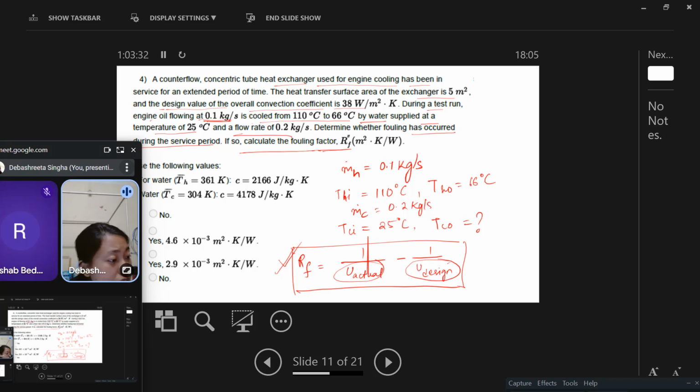Now can you calculate this? The one which is given is a design value. Design value of the overall convection coefficient is 38. That means U design is given. You have to calculate U actual to calculate this RF. So will you be able to calculate U actual?